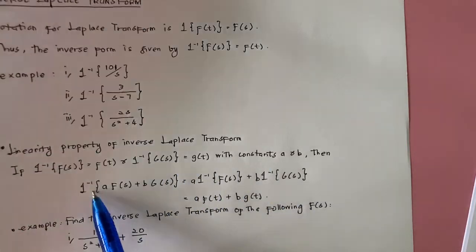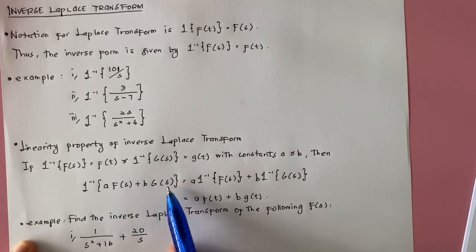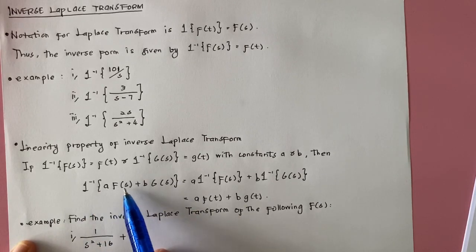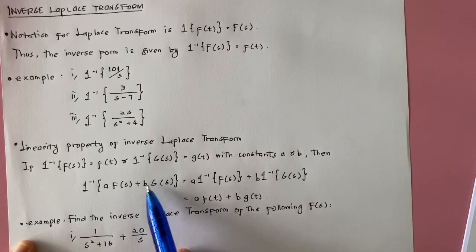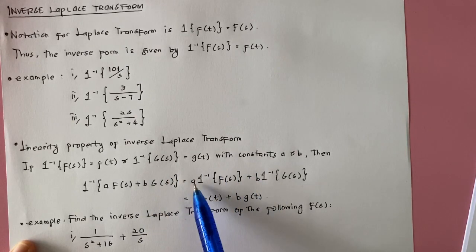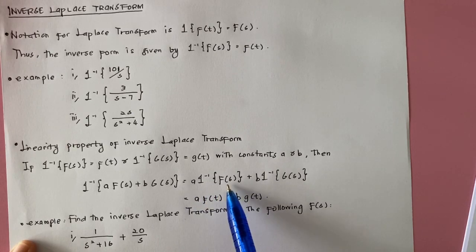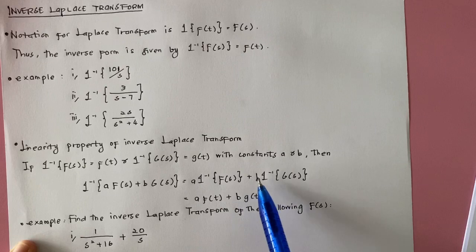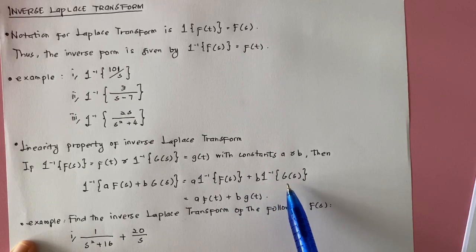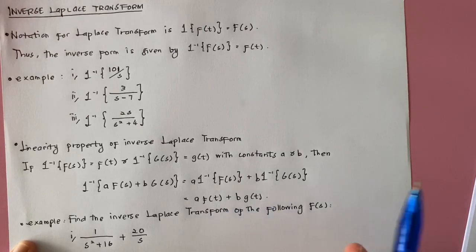The inverse Laplace of aF(s) plus bG(s), the product of constant a with the first function plus b with the second function, is equal to a, the constant, times inverse Laplace of F(s), plus b times inverse Laplace of G(s). So you have a f(t) plus b g(t).